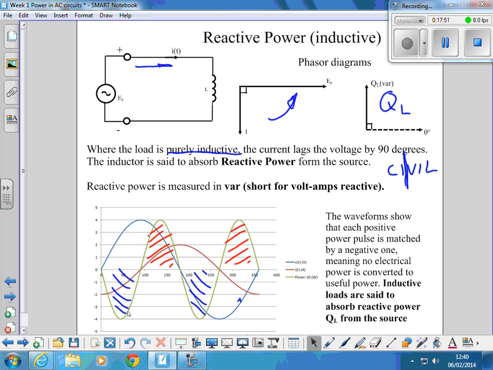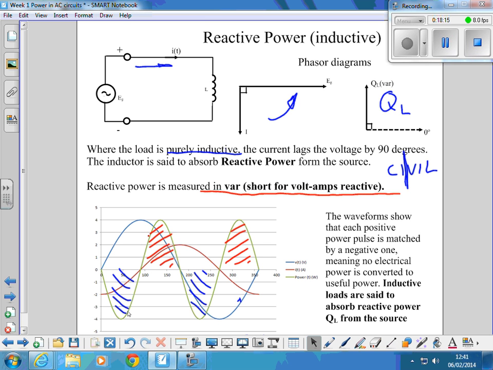Inductive loads are said to absorb reactive power, QL, from the source. Okay? So the general term is that they actually take a positive reactive power. Reactive power also, good point, is measured in VAR.